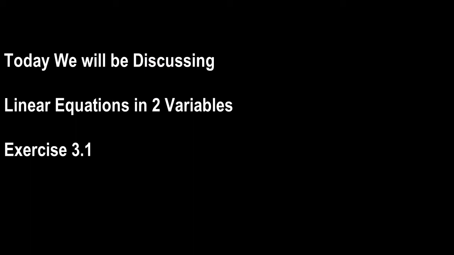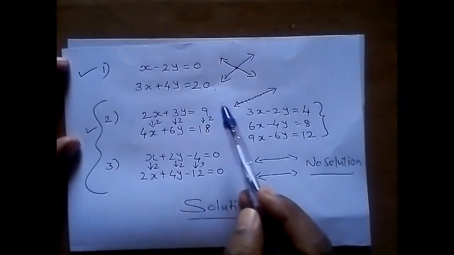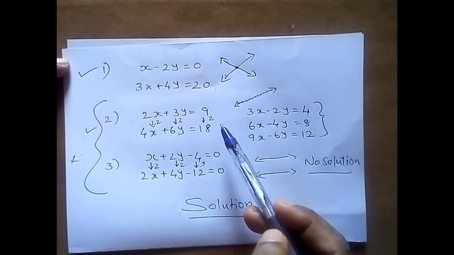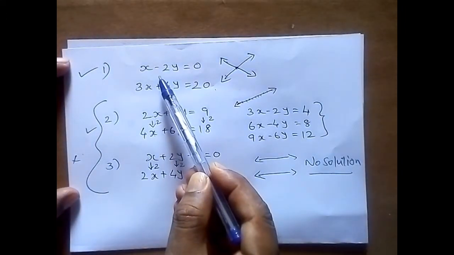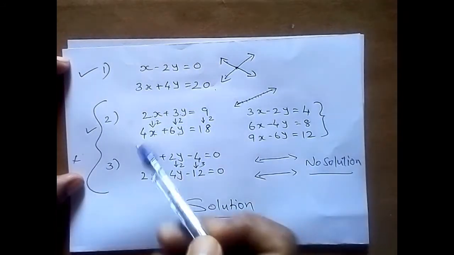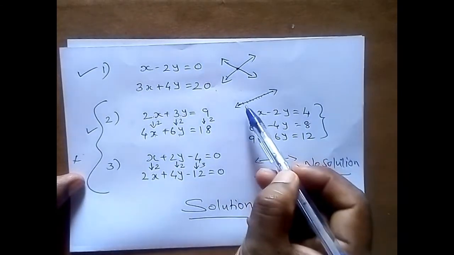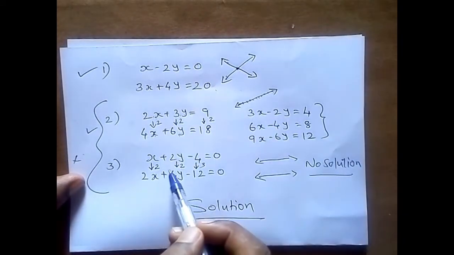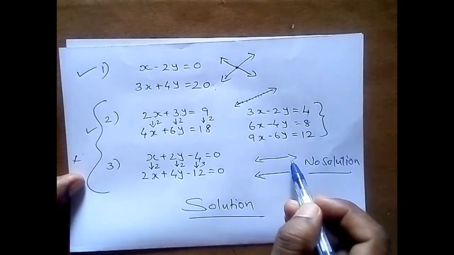Today we will discuss linear equations in two variables. In the last video we have seen that there are three types of pairs of lines possible. This is the first type, when these two lines have one point of intersection, and the second type, both these lines represent the same line, and the third case is these two lines in the pair are parallel.